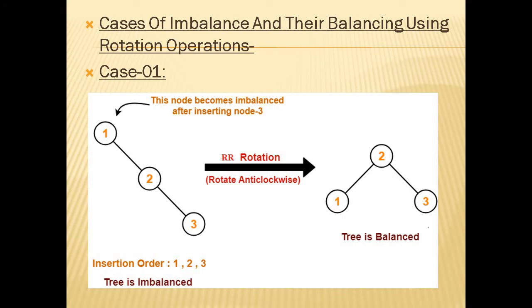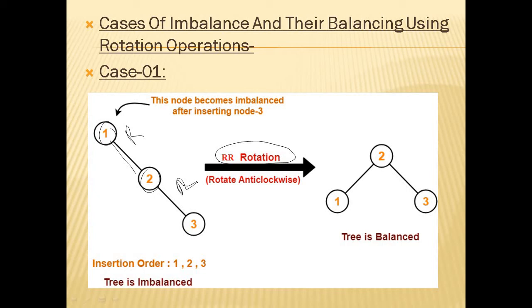So the cases of imbalance and their balancing using rotation operations. Case 1 is called RR rotation. RR rotation means if imbalancing occurred on the right side, this is R and this is also R, meaning for this node it occurred on the right side, we call it an RR rotation.